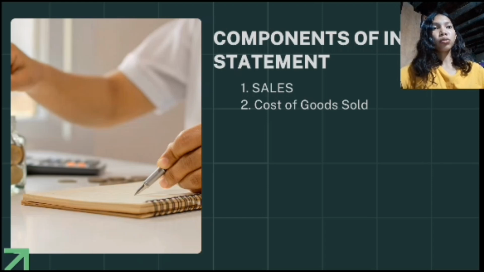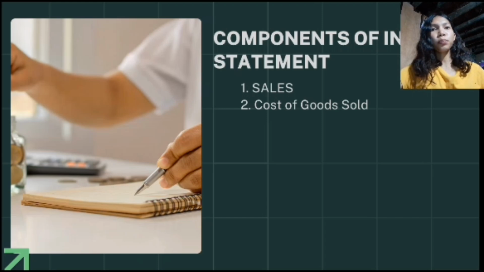This number includes all of the costs and expenses directly related to the production of goods and or services, and this amount includes the cost of the materials and labor directly used to create the good.